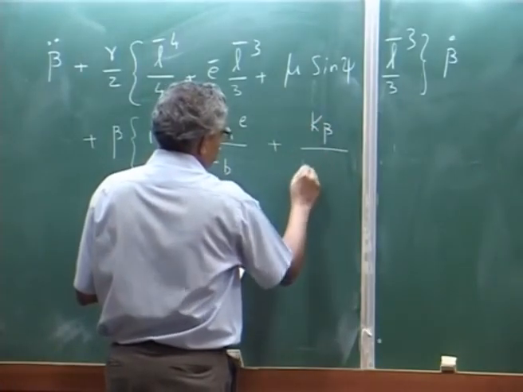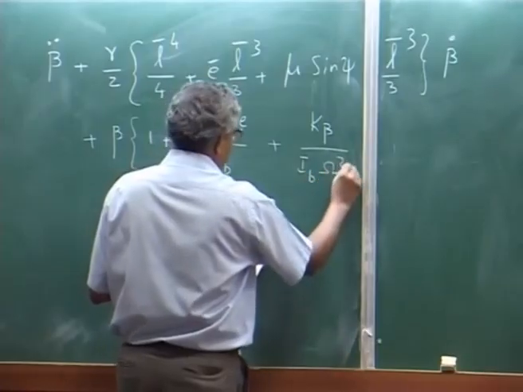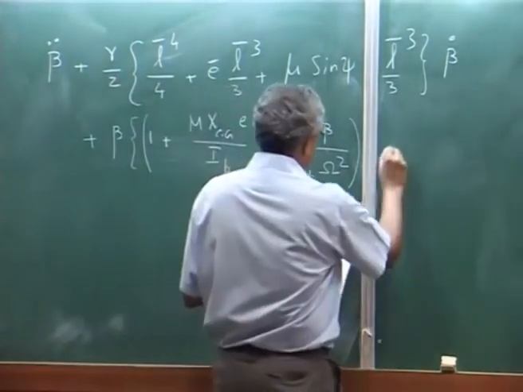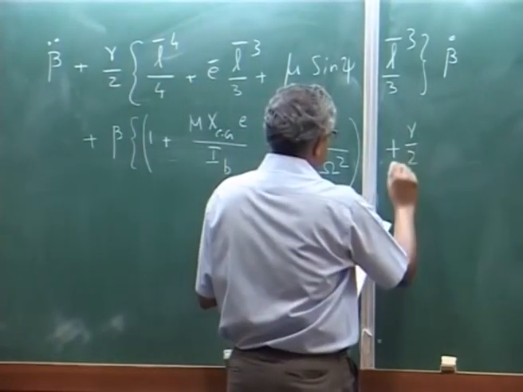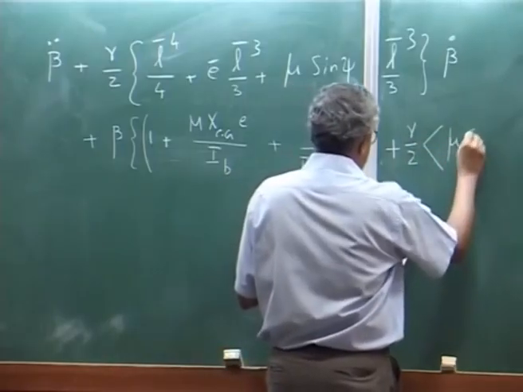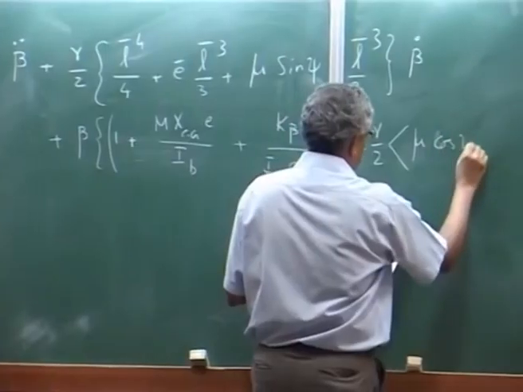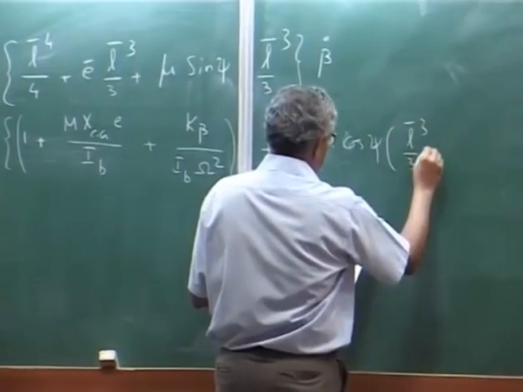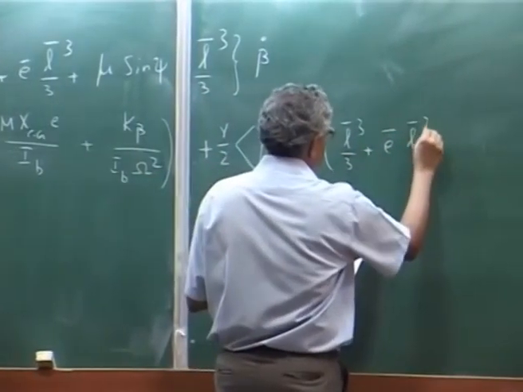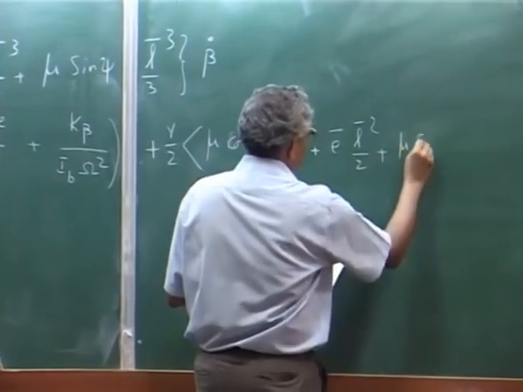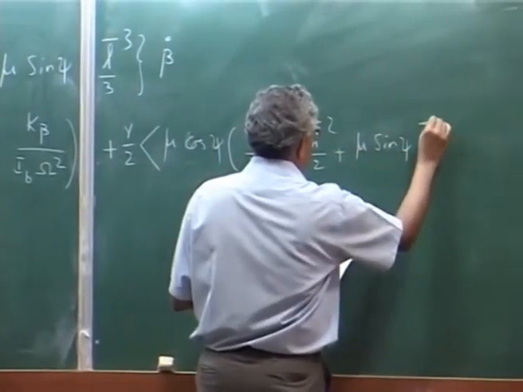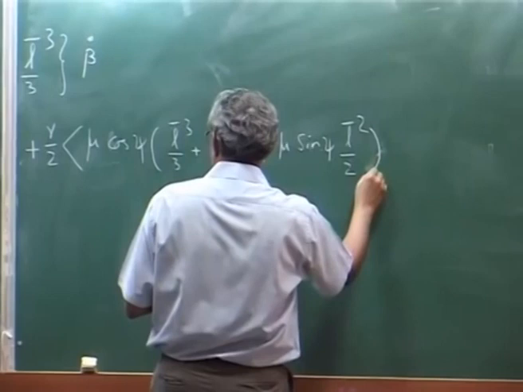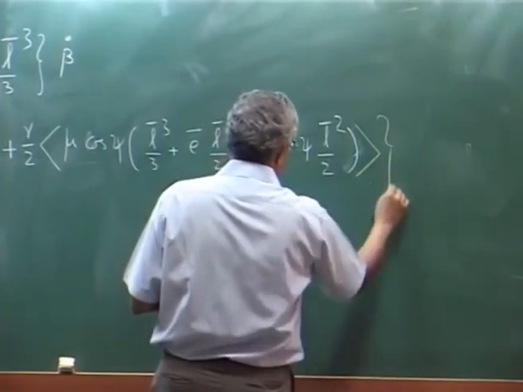This is the root spring I b omega square, this is one term, plus gamma over 2 mu cosine psi L bar cube by 3 E bar 2 plus mu sin psi L bar square over 2, sorry, this bracket I close it, this I close it, this I close it.